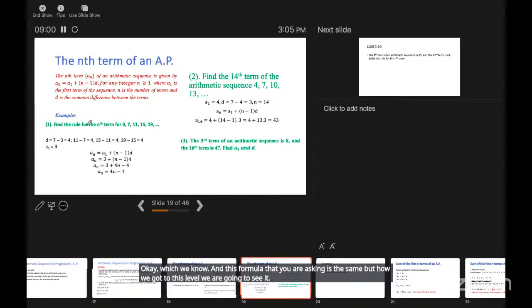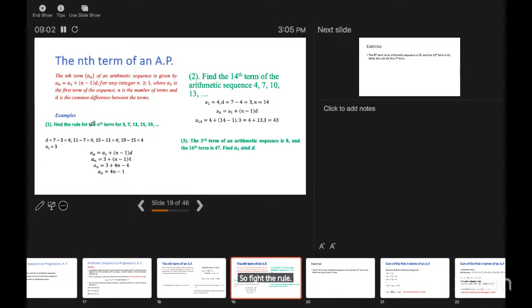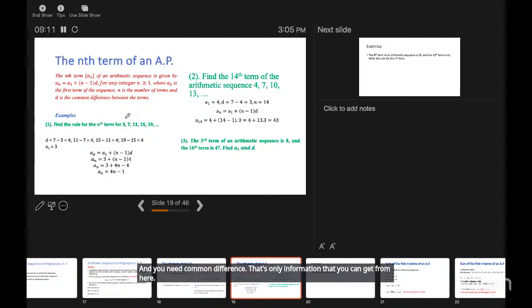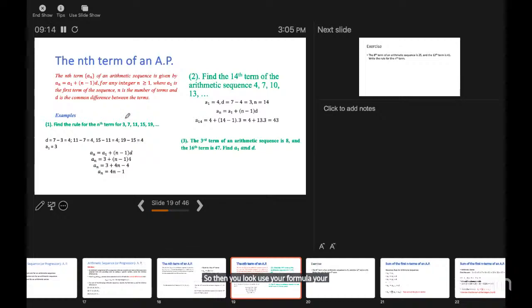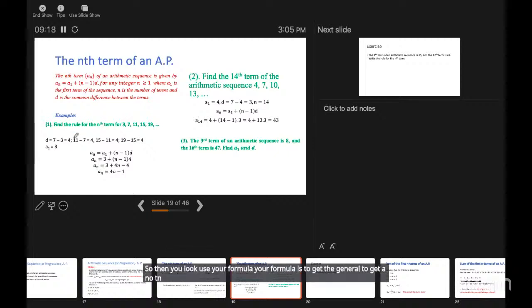So find the rule. You need the first term and the common difference. That's the only information you can get from here. Then you use your formula to get An or Tn, as the case may be. Your Tn is A1 plus (n minus 1)d.